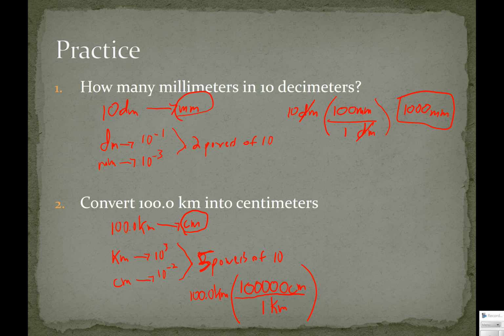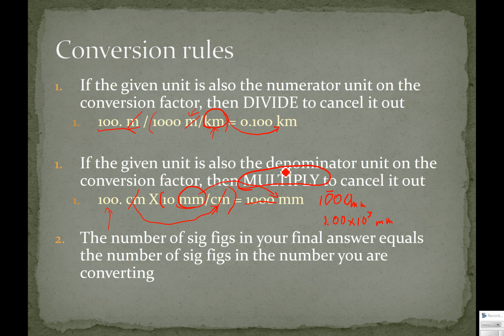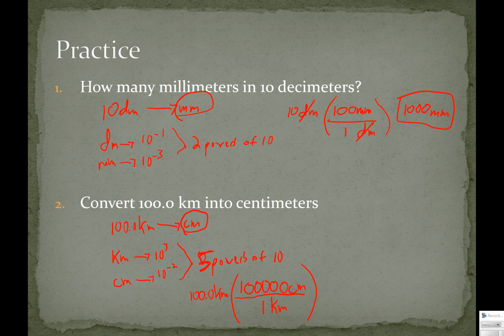Now when we compare these two, we have 100 kilometers, and there are 100,000 centimeters per kilometer. Our units are going to match again here in the denominator. When they match in the denominator, we are going to want to multiply. So we get 100 times 100,000, which is going to give us 10 million centimeters.